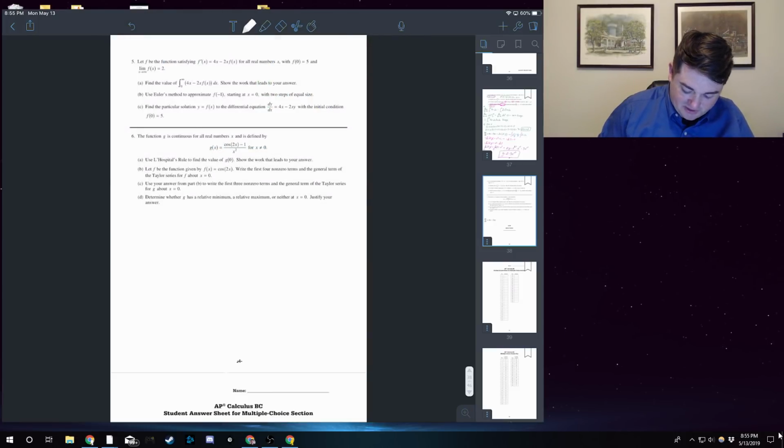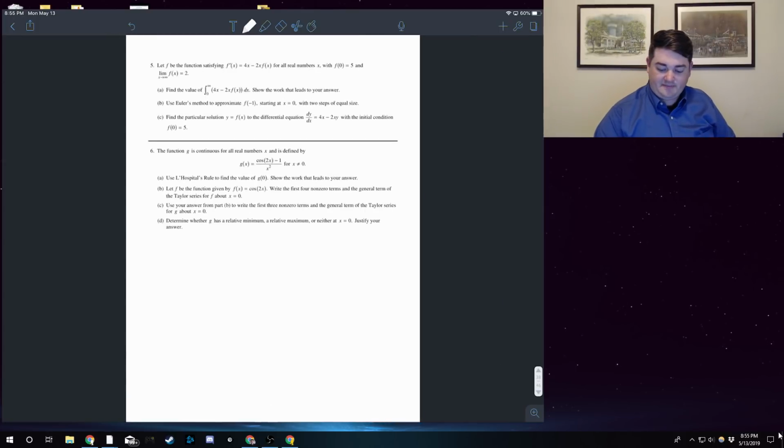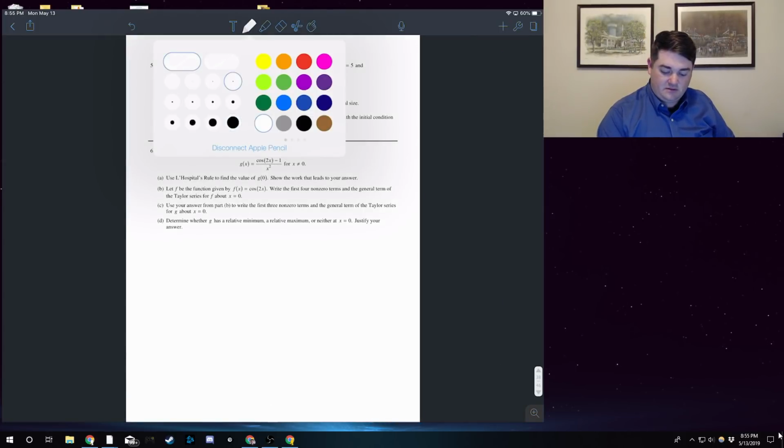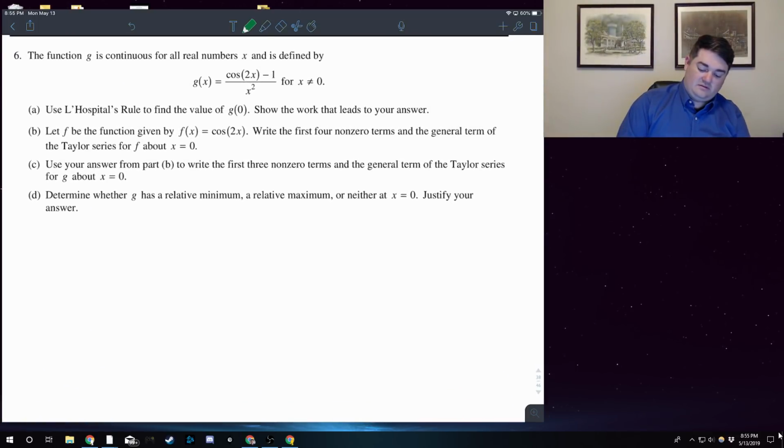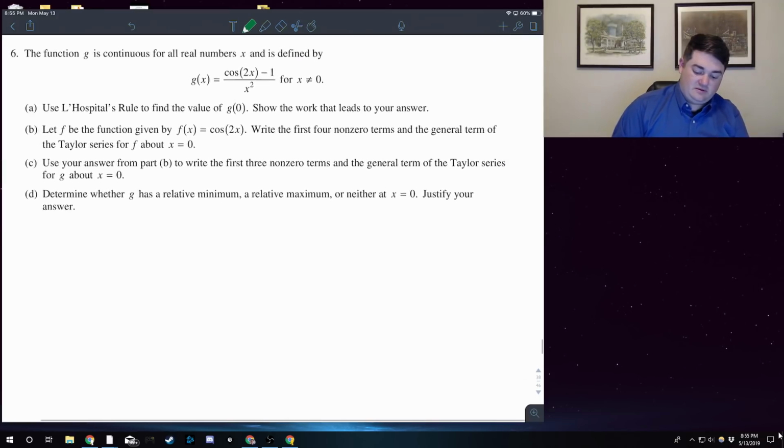Trying to reset this page so I can work number 6 here. All right. Cool. So you were asking about L'Hopital's rule earlier. This is going to be it.